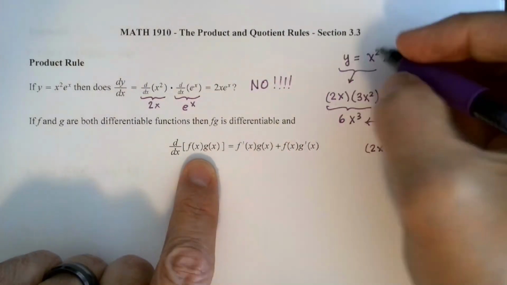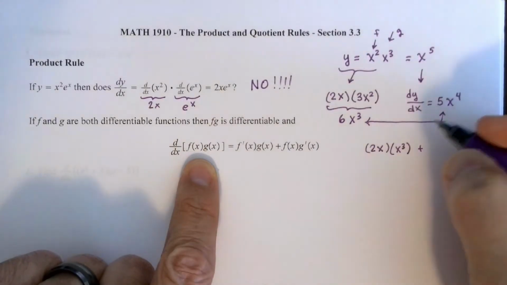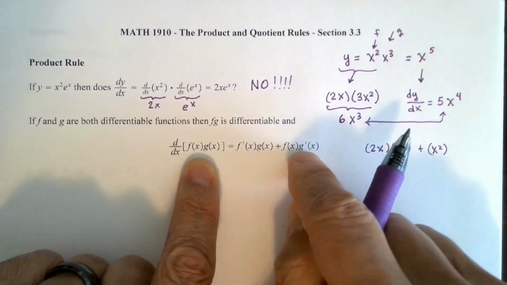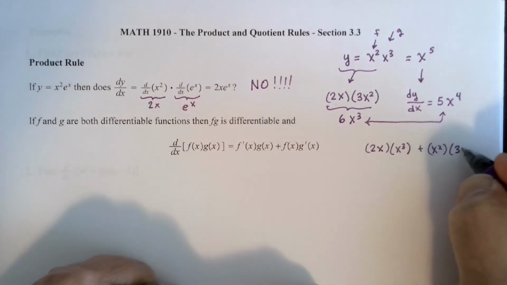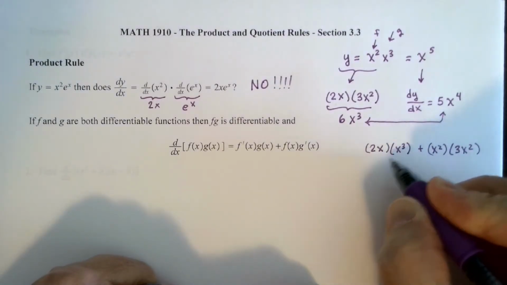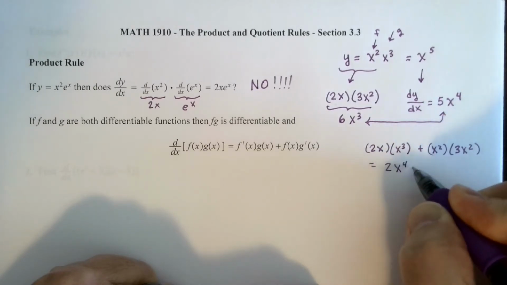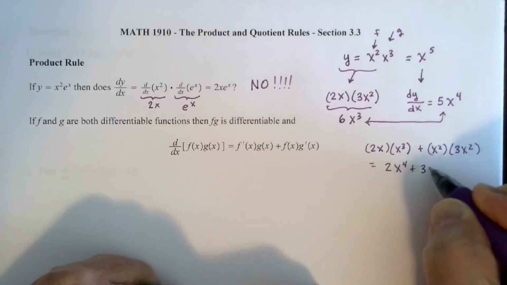X squared times g prime. So what's the derivative of g? If I'm calling g x cubed, that's going to be 3x squared. And what do I get here? 2x times x cubed is going to be equal to 2x to the fourth. X squared times 3x squared is 3x to the fourth.